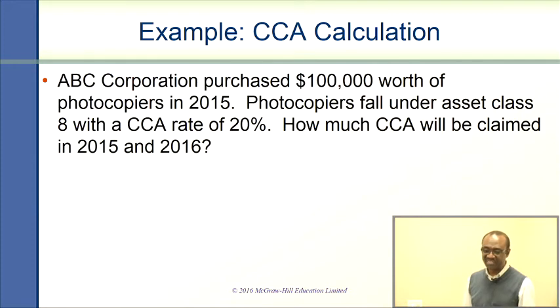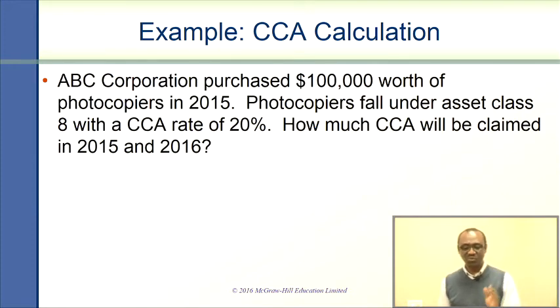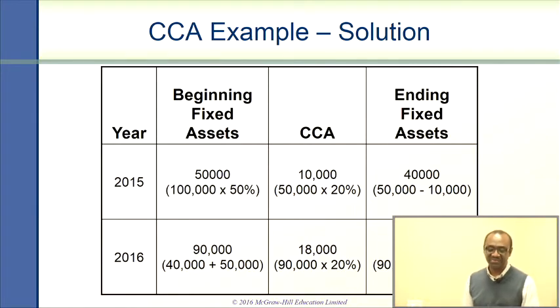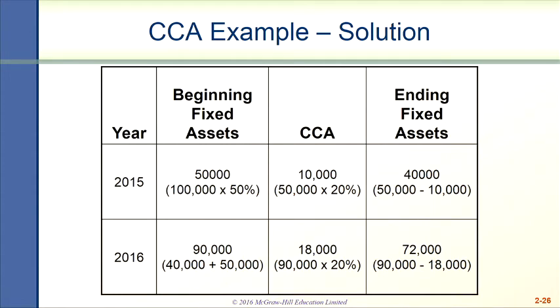Now, the question is, how much CCA will be claimed in 2015 and 2016? Just a heads up, we remember that we're going to do 50%. We say the half-year rule applies. So 50% of the 100,000 will give us the 50,000, which is the beginning fixed assets.